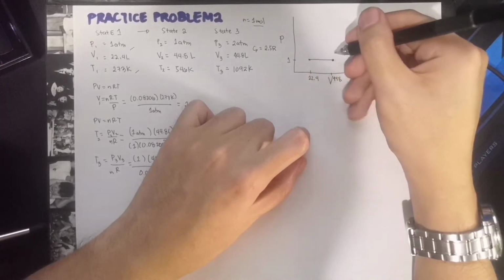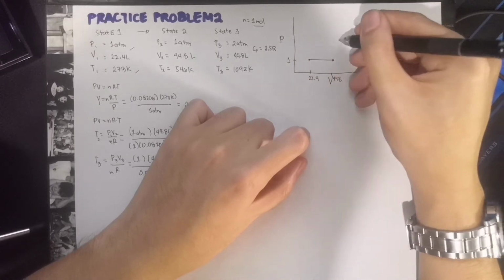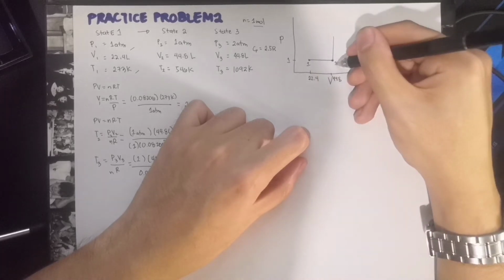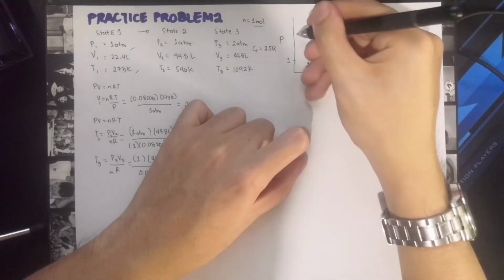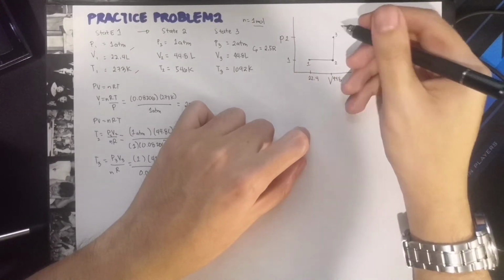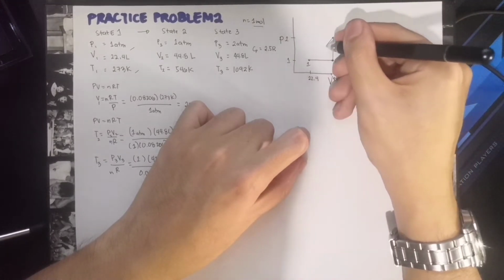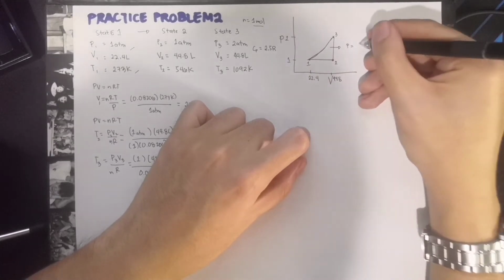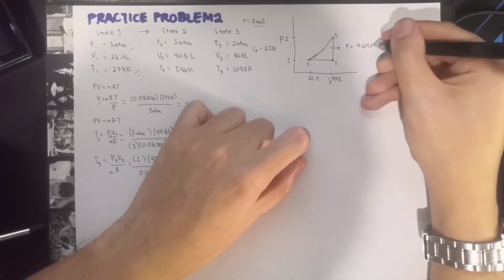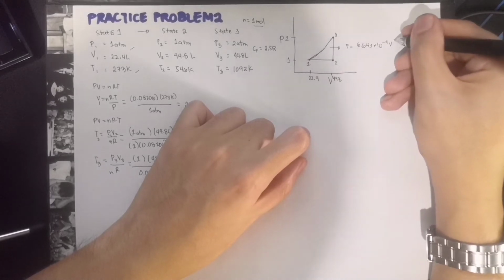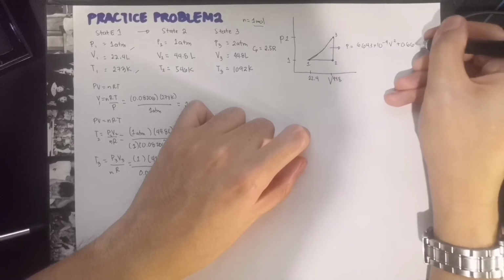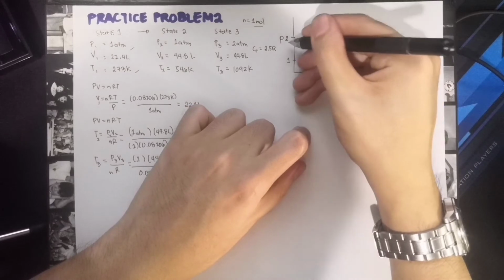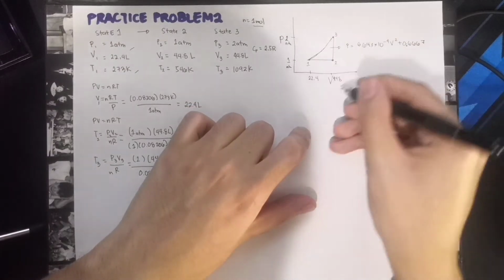And from state 2 to state 3, it doubles in pressure but constant volume. So this is state 1, state 2, and state 3. Then it will go back to state 1 by a path defined there. And this path is P is equal to 6.643 times 10 to the negative 4 V squared plus 0.6667. So our pressure volume diagram would look something like this.